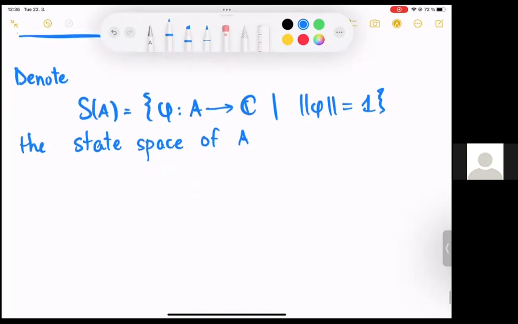We won't use the tracial state space much just yet, but again, it's often a very important component of your C star algebra, so why not define it here?